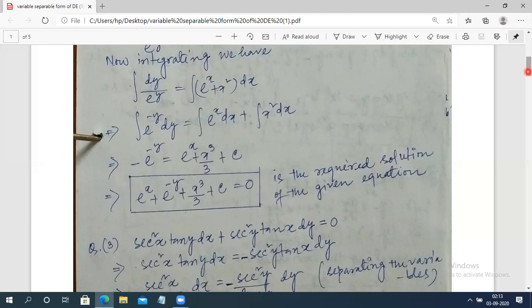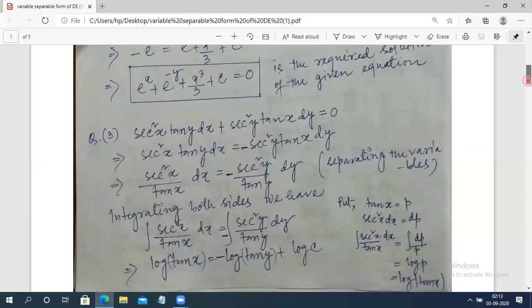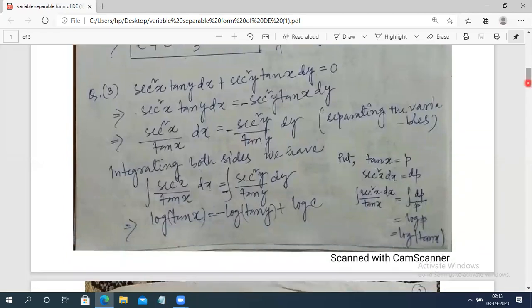Now come to our next question. You have to check whether these variables can be separated out or not. Just sec square x tan y dx is equal to minus of sec square y tan x dy.